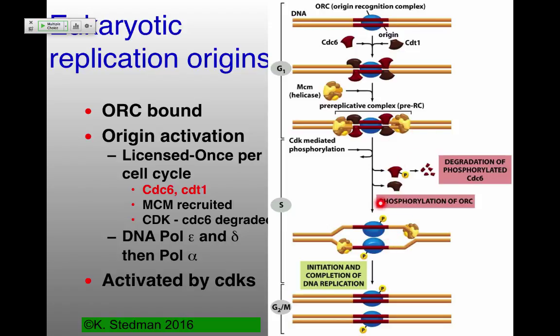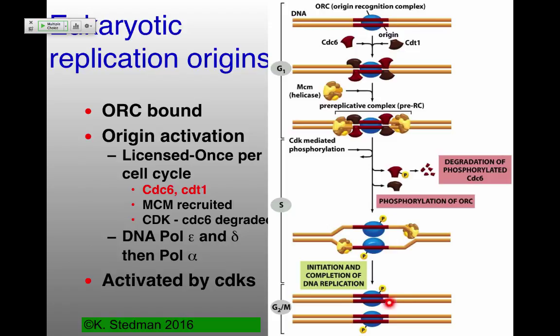As soon as you have phosphorylation of CDC6, you also have phosphorylation of the ORC protein. Of course, all of these are kinases. They're protein kinases. They're putting phosphate groups onto things. Once you've phosphorylated the ORC, now you release the MCM. The helicase goes. Once you've got helicase, you've got single-stranded DNA. Primase can come in, replicative polymerases, etc.